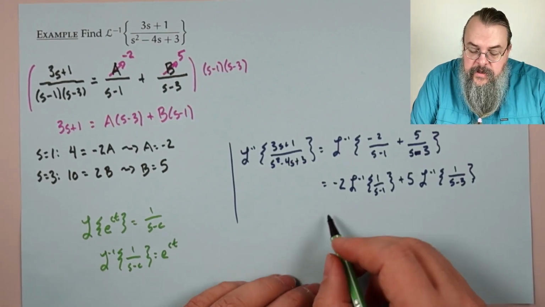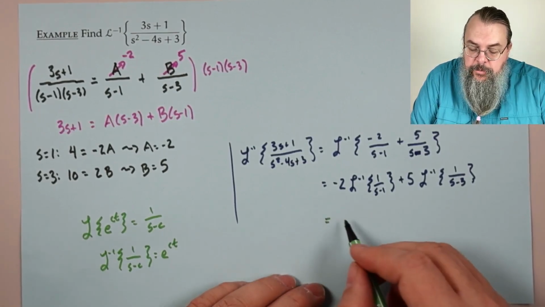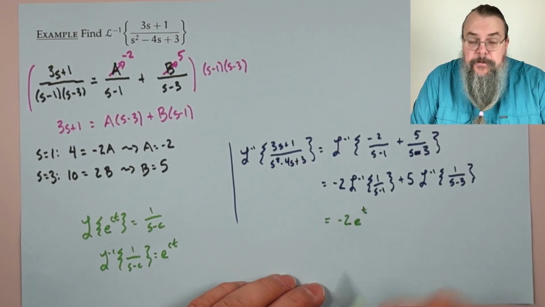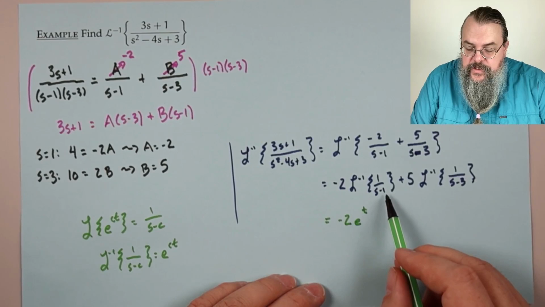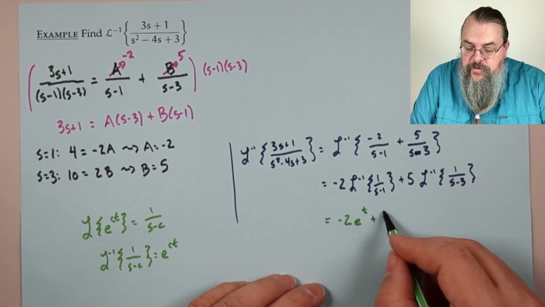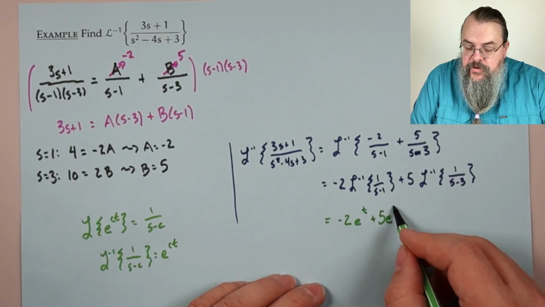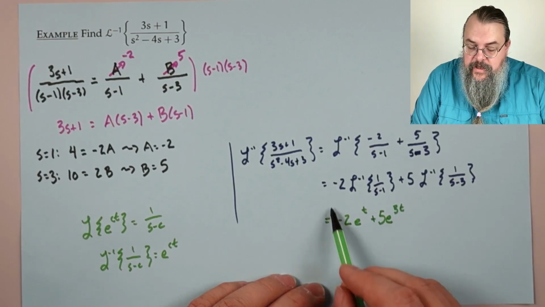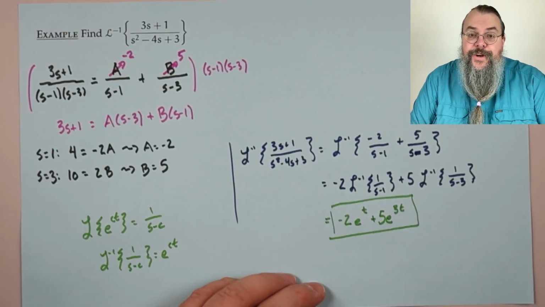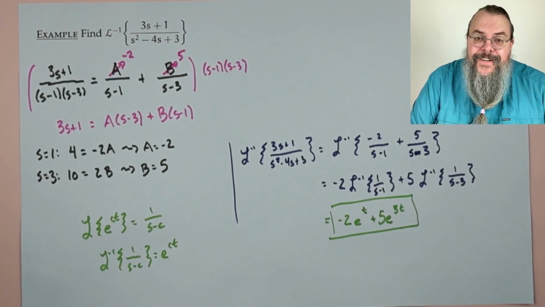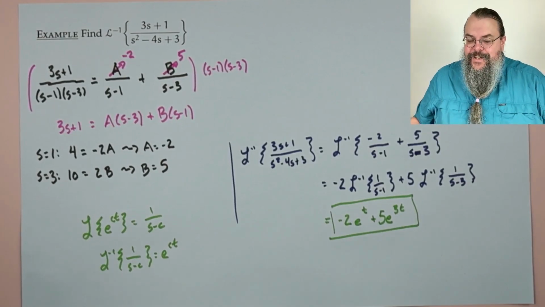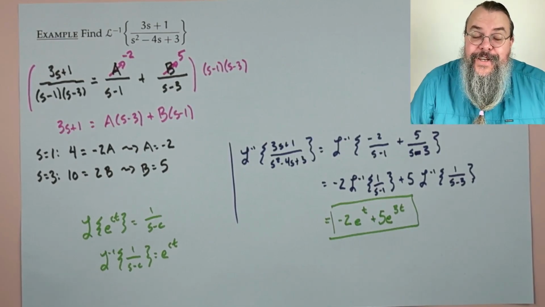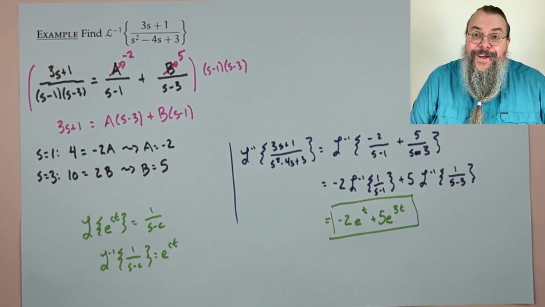So this becomes minus 2 e to the t, because here c is 1, and then plus 5 e to the 3t, because c is 3. And there we go. That's the answer. Nice. Now we see why partial fractions is a handy tool for inverse Laplace.